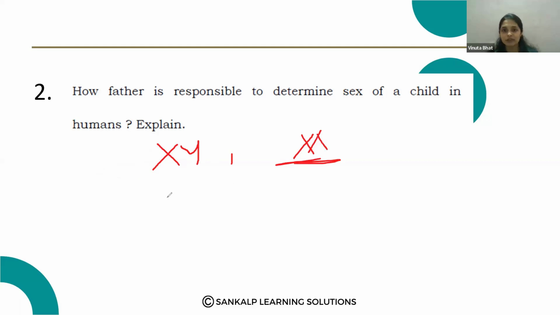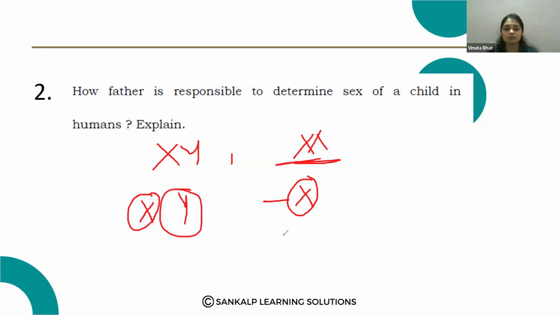During the formation of gametes, the male sperm contains either the X or Y chromosome, but the female gamete always contains the X chromosome.